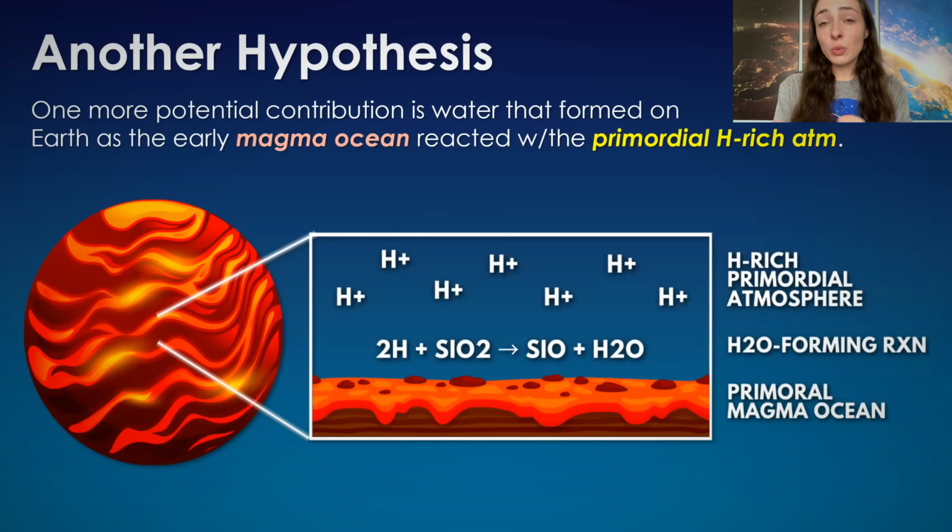So could we even have had that hydrogen-rich of an atmosphere early on? And if we did, wouldn't hydrogen have been so light that it just escaped to space relatively quickly rather than reacting with the magma ocean? I don't know. These are just some of my thoughts. So this is just another potential hypothesis that may have contributed some water, but likely not all of Earth's water.